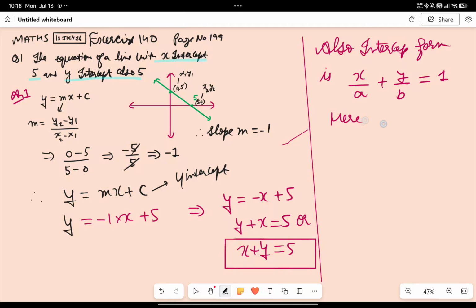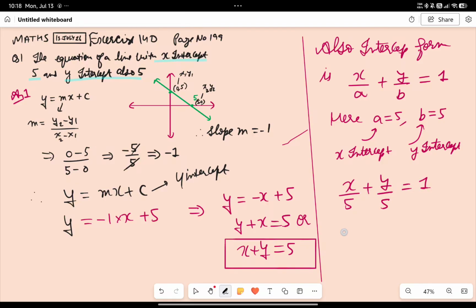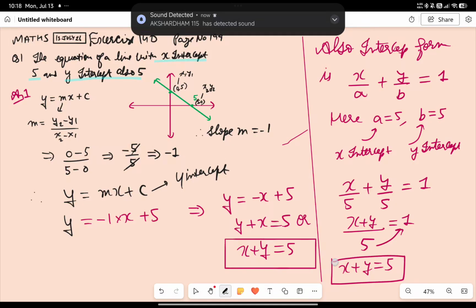Here your a and b are both 5, the x intercept and the y intercept. So if I put these in the equation, x upon 5 plus y upon 5 equal to 1, it becomes easy. Take the LCM, x plus y equal to 5 after cross multiplying. In this way also you can do.